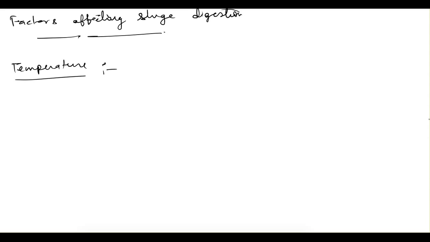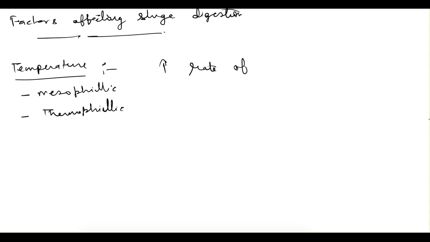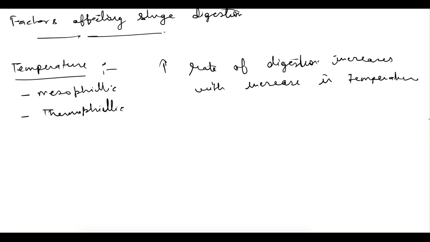Bacteria are of two types: mesophilic and thermophilic. It is seen that the rate of digestion increases with increase in temperature, because these two types of bacteria are active.